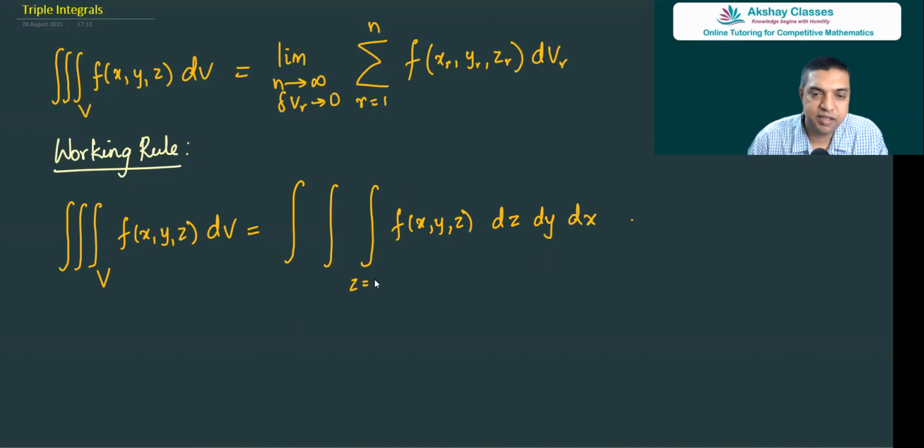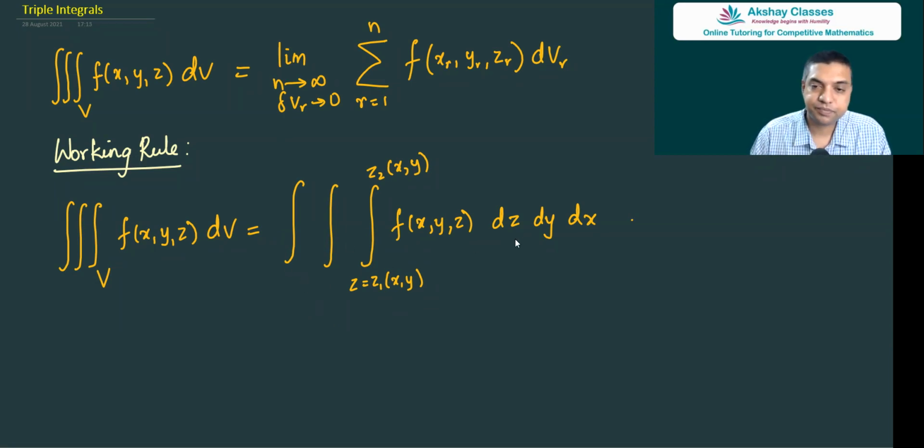Now z will be some function z1 of x comma y to z2 of x comma y. So we are integrating with respect to z, treating x and y as constants. And then we substitute whatever the functional expression is, z in terms of x and y.